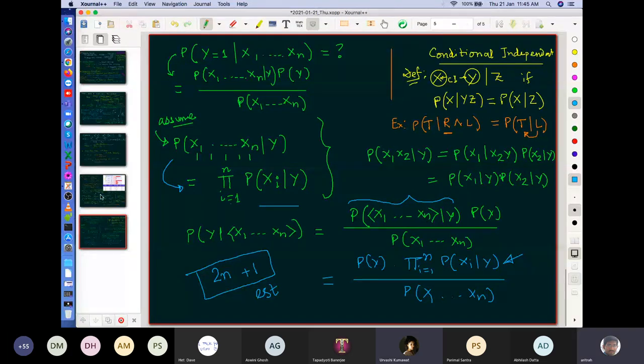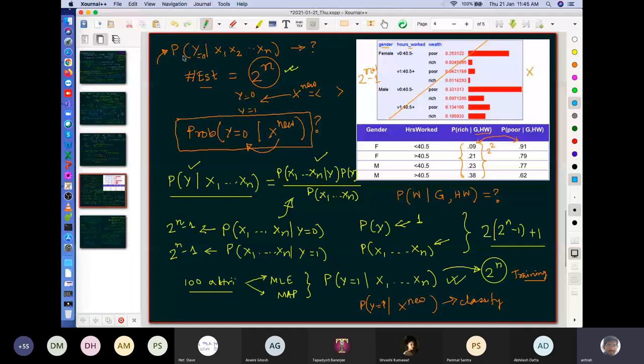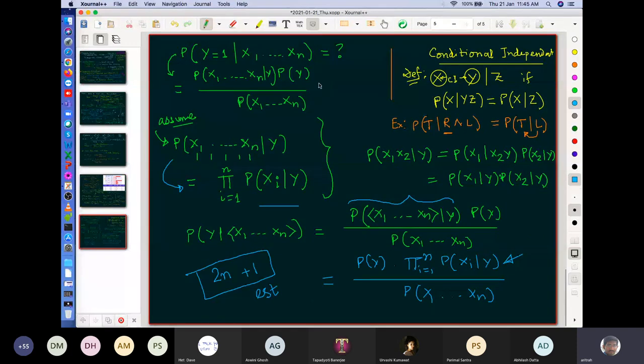Let me summarize the whole thing. We started off trying to find out, without any joint distribution table, how we can train from the attributes this value. To train it, we see that we at least need this many rows in estimation. So we need to estimate, either using MLE or MAP, at least 2 to the power n. If I apply Bayes rule, it doesn't help, it becomes worse. But indeed, Bayes rule has a role to play if we pitch in our conditional independence notion.